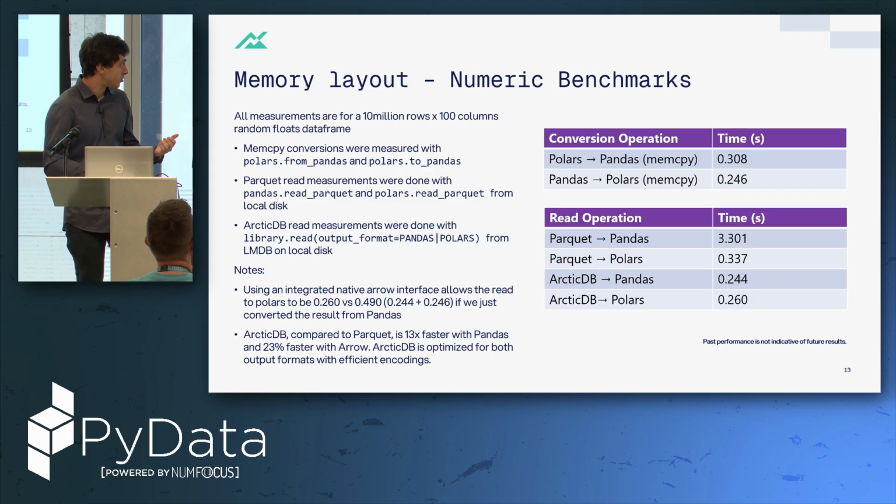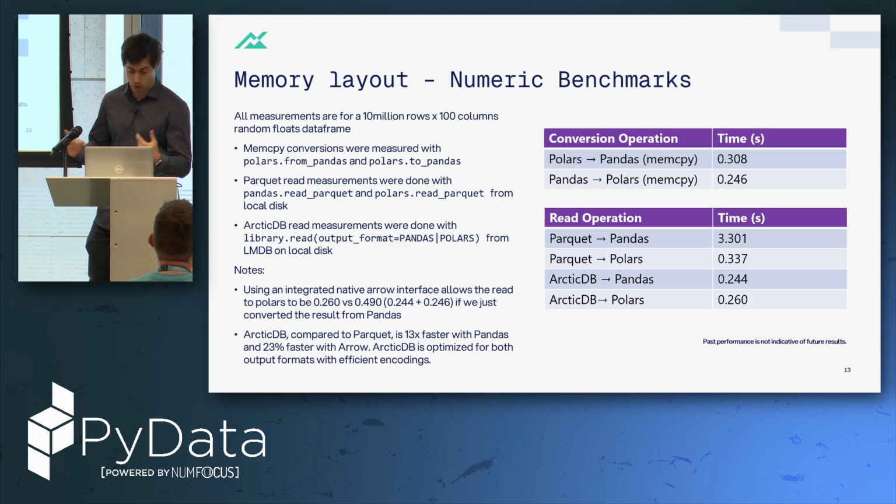It actually takes around 250 to 300 milliseconds to do that conversion. In some use cases, this can be quite expensive, especially if you compare just to regular reads from storage.